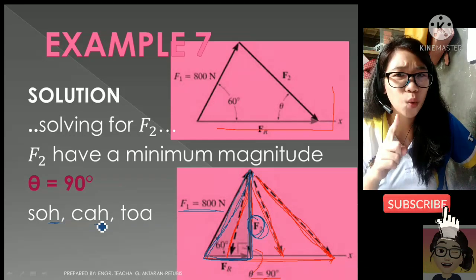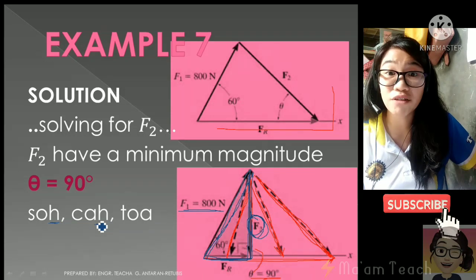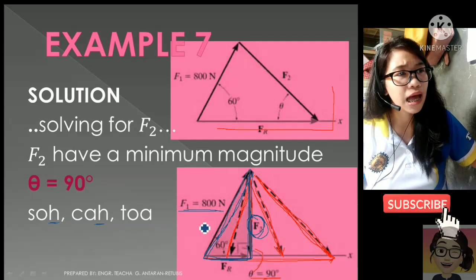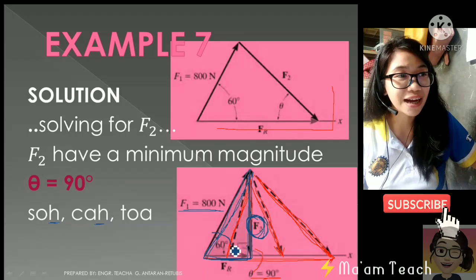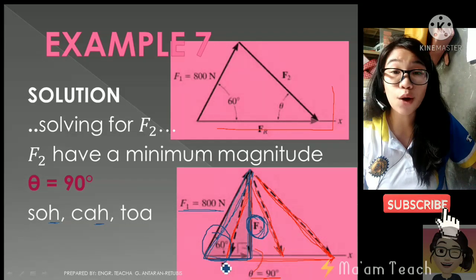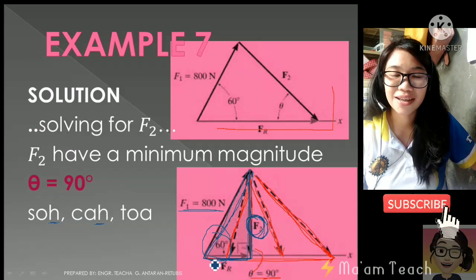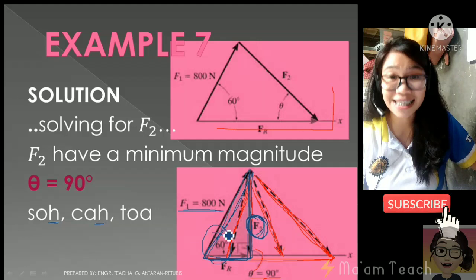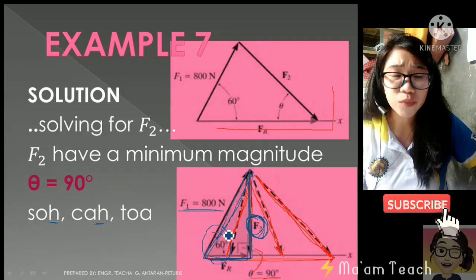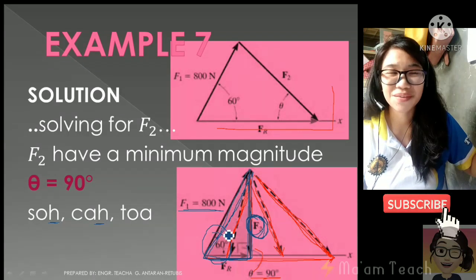So, between sine and cosine, what do you think is the appropriate formula? Again, f sub 2 is what of our given angle? Because we will focus, class, on our angle. What is f sub 2 of 60 degrees? Is it opposite or is it adjacent?